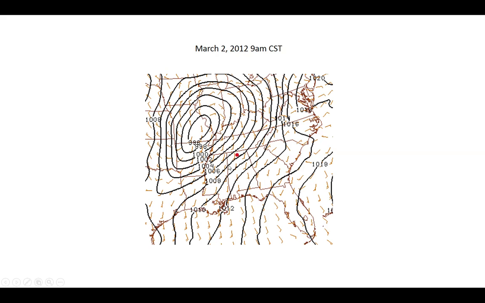If I can get my cursor to respond here. So you have mostly a southwest-northeast orientation of the isobar pattern in through Mississippi, in through western Tennessee. But as you get into southern middle Tennessee and northern Alabama, notice how they kind of turn more easterly here. You see it a lot in this isobar in northern Alabama, and a little bit in this one in southern Tennessee. But you have southwest, southwest, northeast, and then all of a sudden it kind of flattens out right in through here and turns more east-northeast.